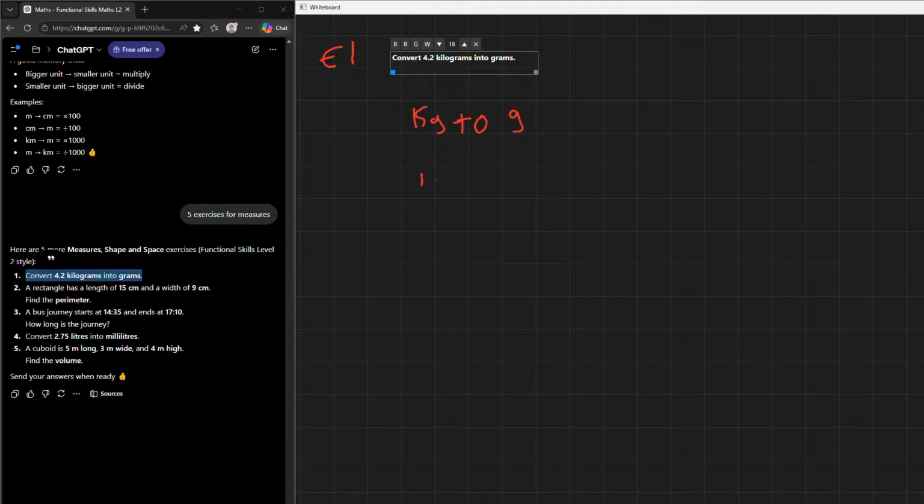I know 1,000 grams is 1 kilogram, and we have 4.2 kilograms. We need to turn it into grams. So usually we need to multiply this by 1,000, which gives 4,200.